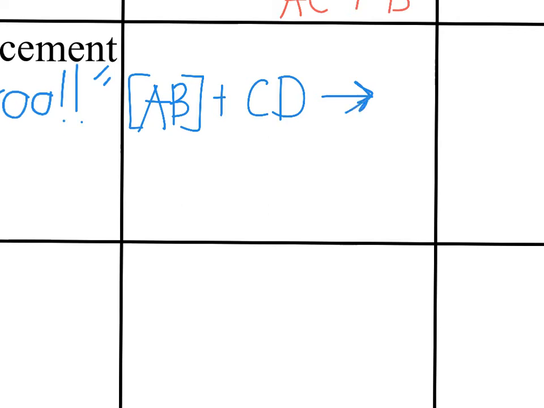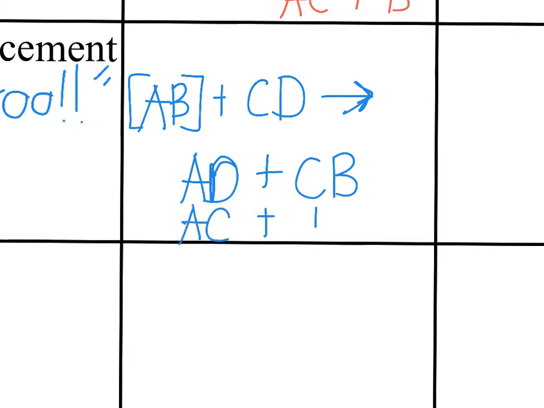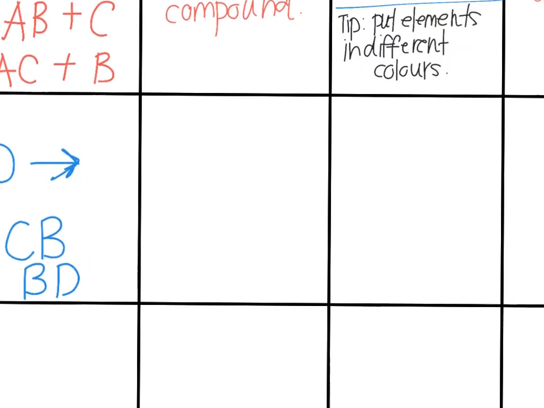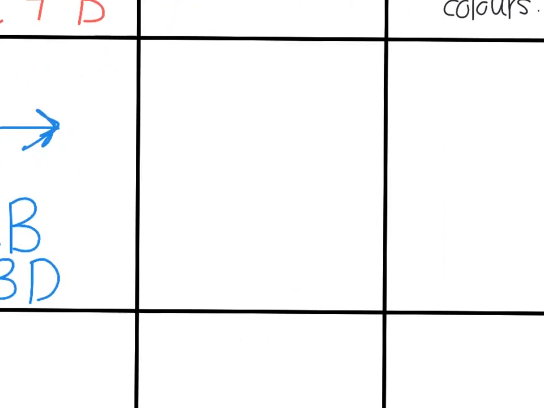We're doing complete switchies. Could be A C, A D, plus C B. Or it could be A C plus B D. But complete switchies.